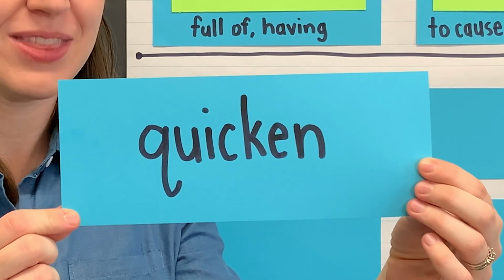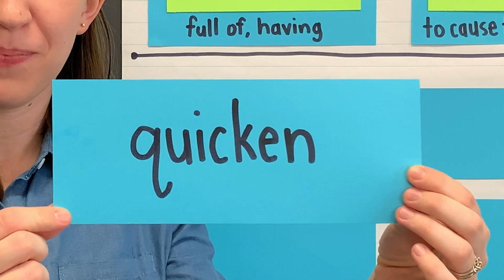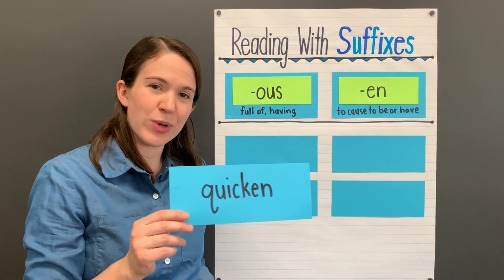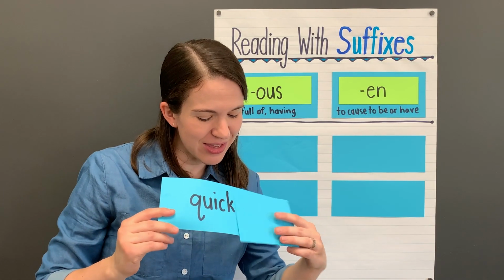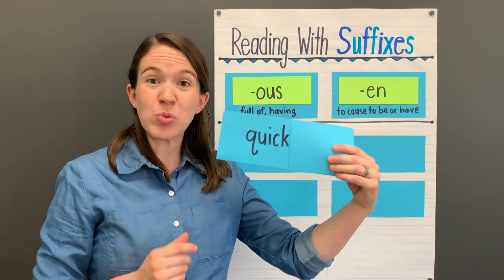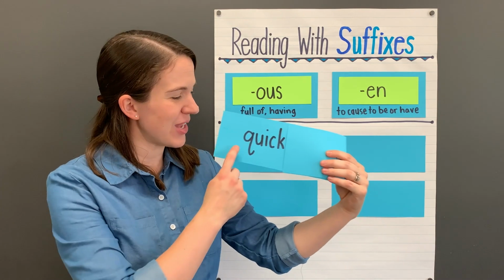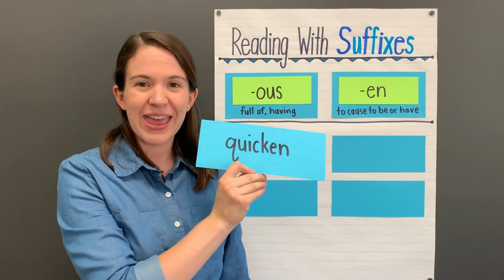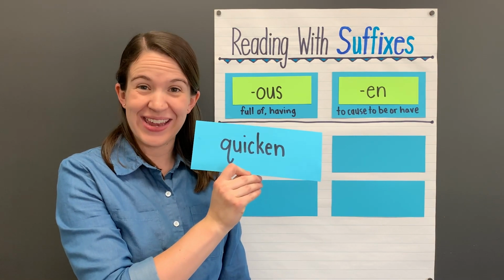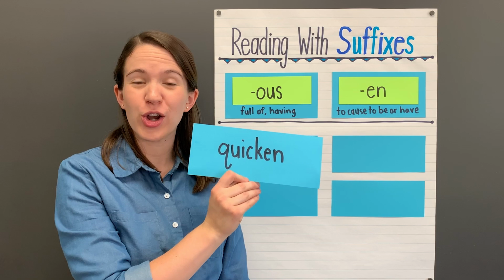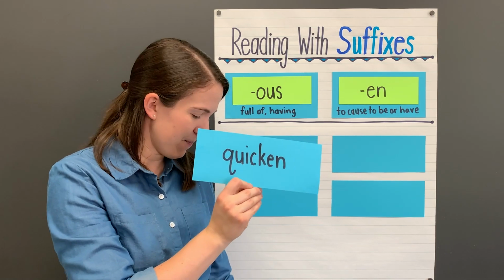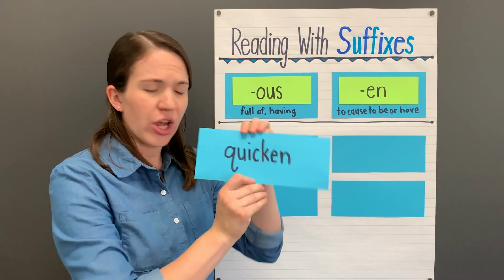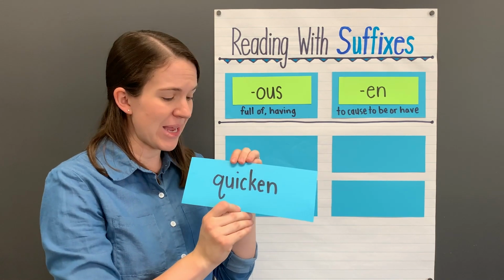Quicken. This word is quicken. Remember, when you see a word with a suffix, you can read that word by taking the suffix off, reading the first part that you see, quick, and then adding the suffix, in, quicken. When you put those two parts together, you get the word quicken. Now, let's use what we've learned about these suffixes to understand what this word means.